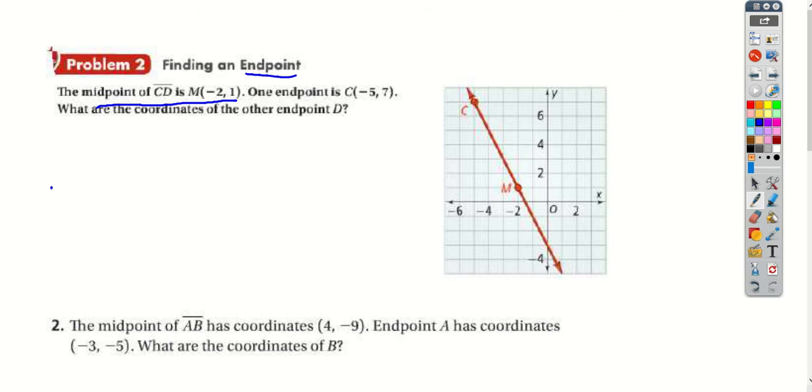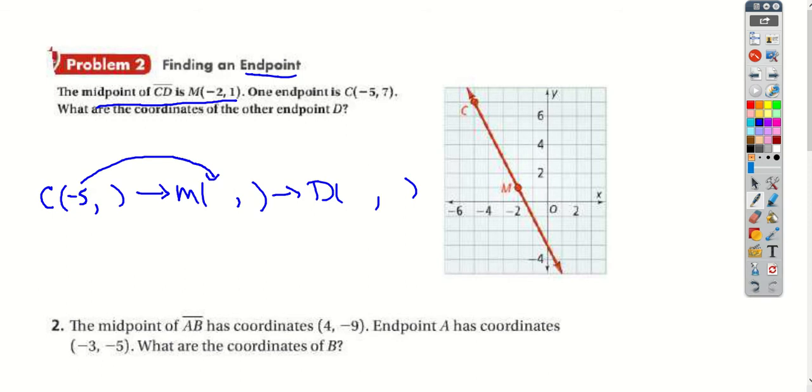So what happens is I'm starting at C, which is some coordinate. I'm then moving to M, which has some other coordinate, and then it's moving on to D, which has another coordinate. All I'm going to do is take my x value for C, which is -5, and figure out what I'm going to do to it to turn it into the x value for M, which is -2.